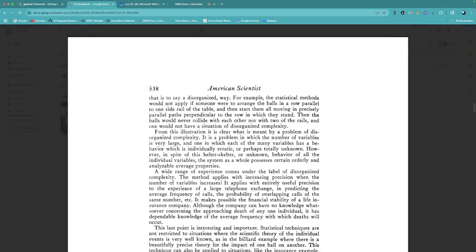So he's getting into this disorganized complexity idea and how you're dealing with complex systems as a manner of statistical analysis. You can deal with individual variables, you can deal with individual cases, and then average those across every case, and take a mean and a standard deviation and say some things about maybe statistical significance.